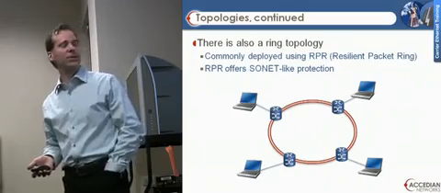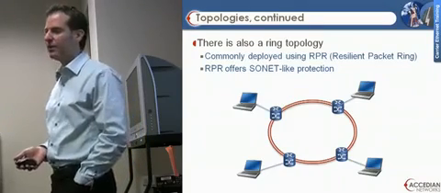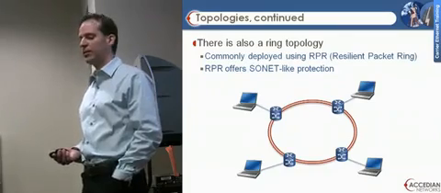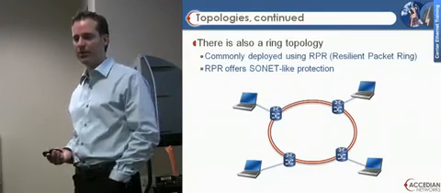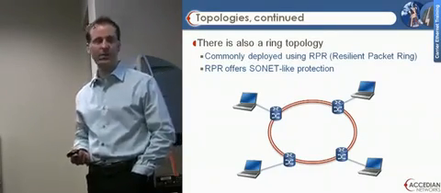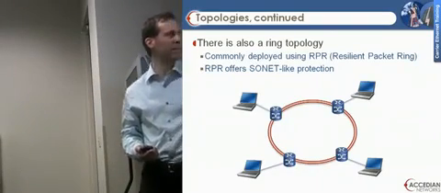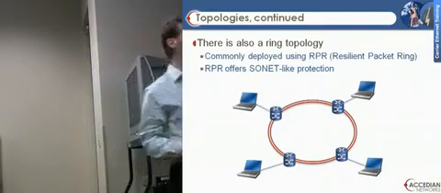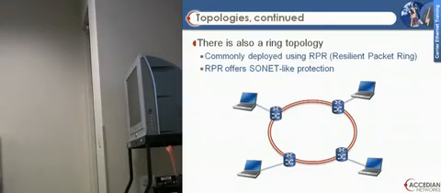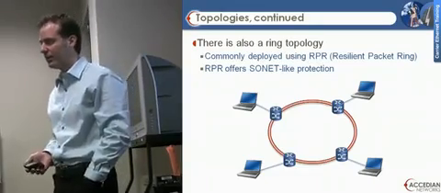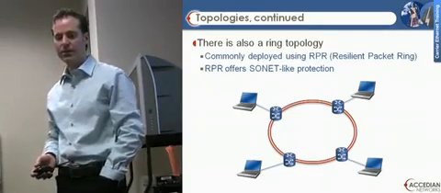There's also a ring topology being deployed by providers who go pure Ethernet across a large service provider backbone, and that's usually managed by RPR, resilient packet ring, which allows you to have protected optical paths in your SONET network or pure Ethernet network, depending on what you're using to connect it. And this really provides the protection switching and recovery times, like the 50 millisecond recovery time you need to offer a carrier-grade service.